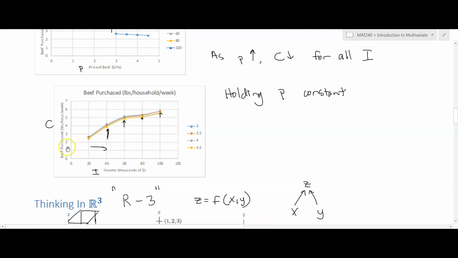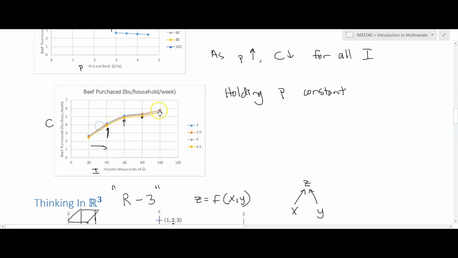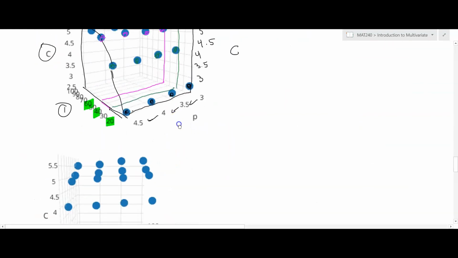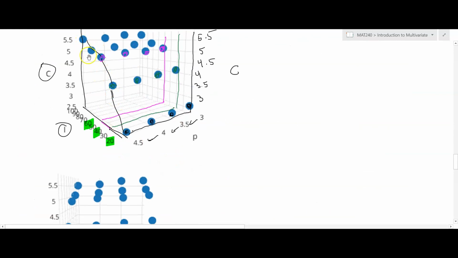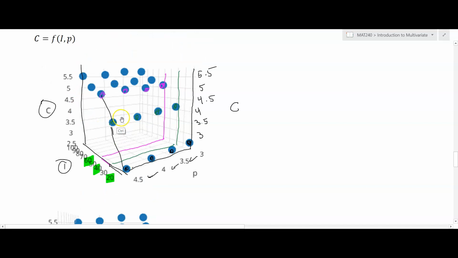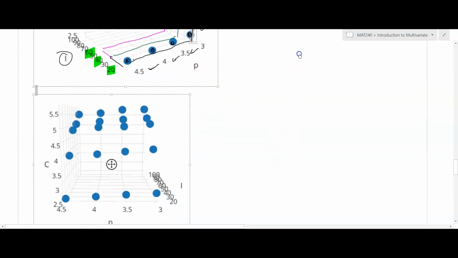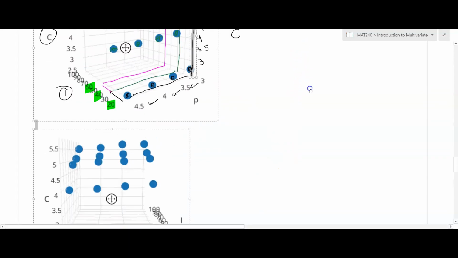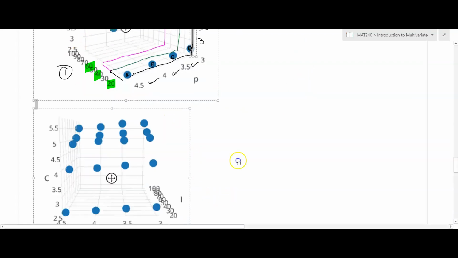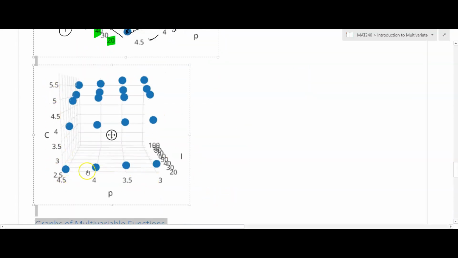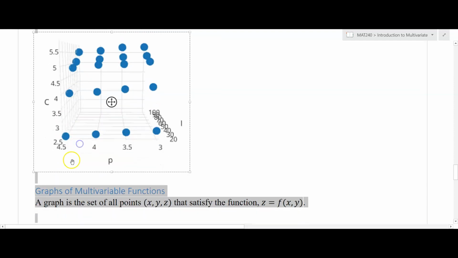As income goes up, consumption goes up, according to this almost cubic looking function, and that's what we're seeing here. Again, it's just where our perspective is, looking at the I and the C axes individually. So it's probably easier if I just rotate that whole graph. If I rotate this graph here, I can see, oh, I'm sorry, this is really the income versus C graph here. And this one I'm looking at P versus C, and those are the lines that I saw that are just staggered, set apart by this third dimension.